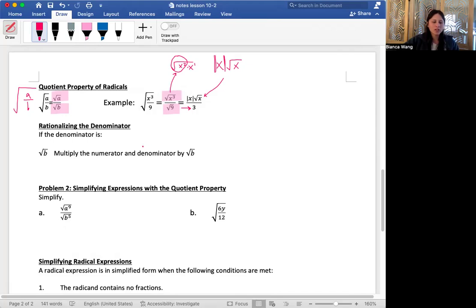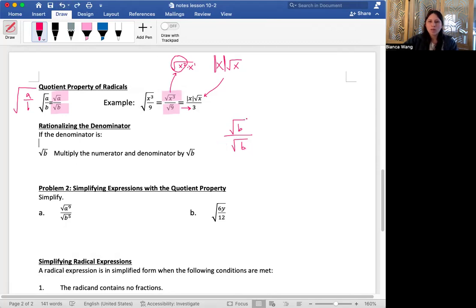Now, if you have a denominator that is a square root, so like I say, I have a square root of b over a square root of b. The problem is it's mathematically unavailable to have a radical in your denominator.